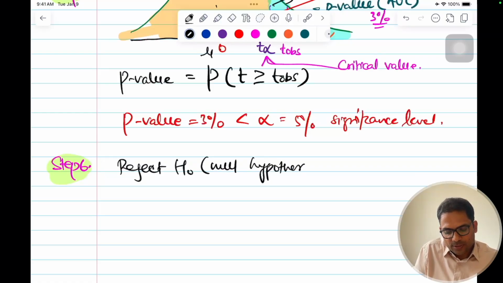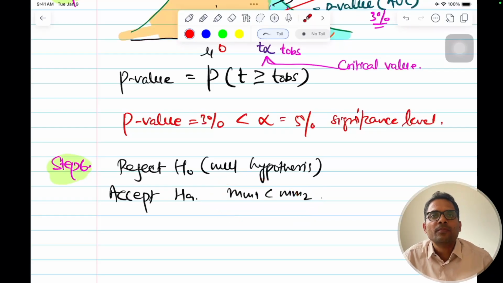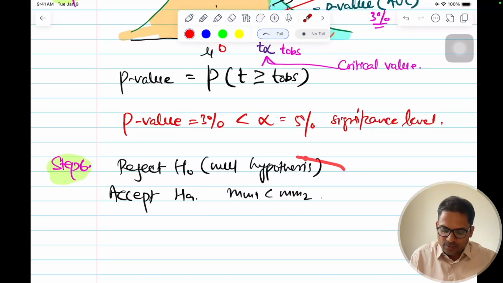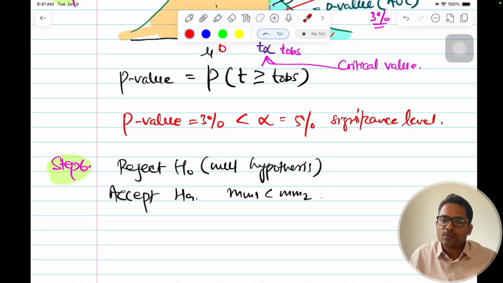If I reject the null hypothesis, automatically I accept the alternate hypothesis, that means mu1 is less than mu2, whatever the hypothesis is. This is just for understanding. I'm just showing how to accept or reject. I hope these 6 steps are clear.